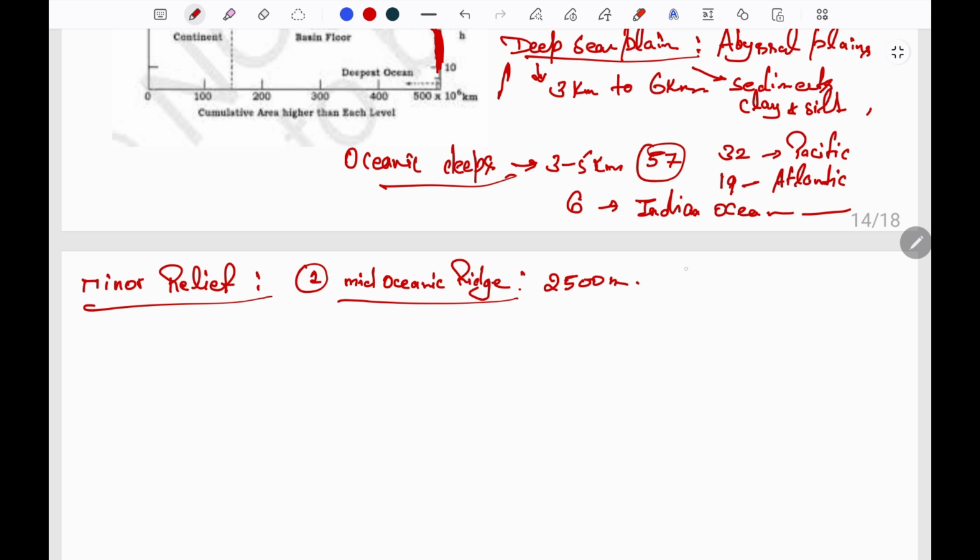The most prominent example of this is the mid-Atlantic oceanic ridge.